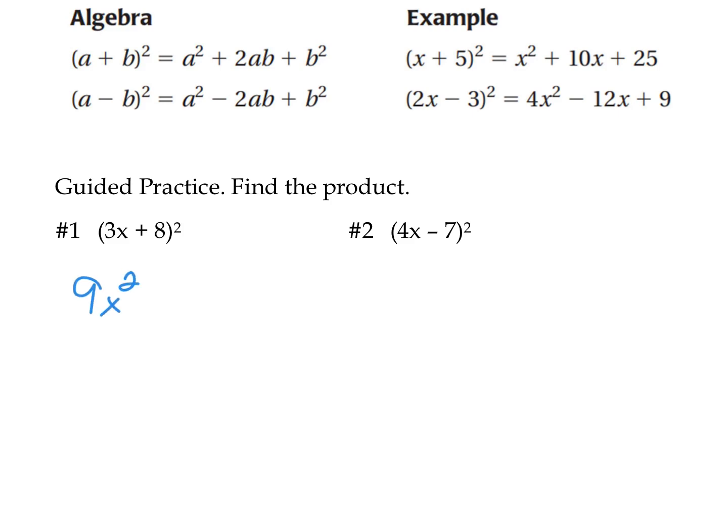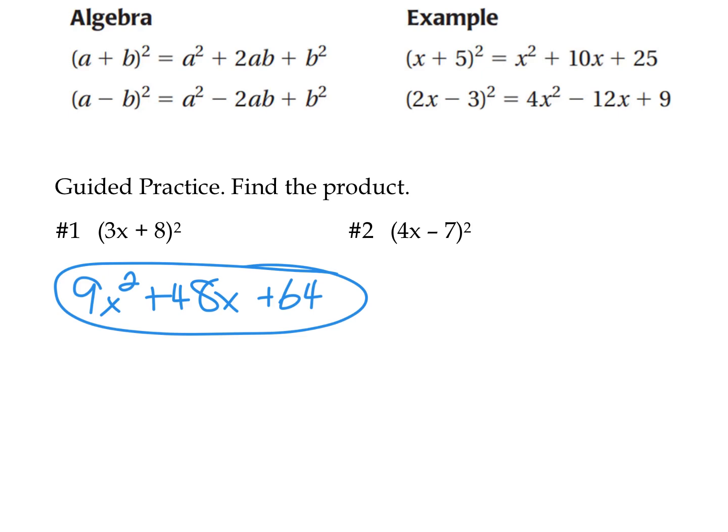Then at the end, we're going to have 8 times 8, which is 64. In the middle, we're going to do 3x times 8, which is 24x. Double that is going to be 48x. And that would be our product for 3x plus 8 squared.